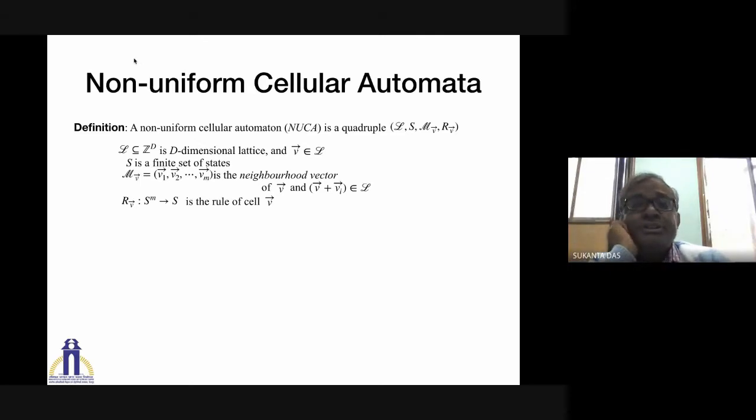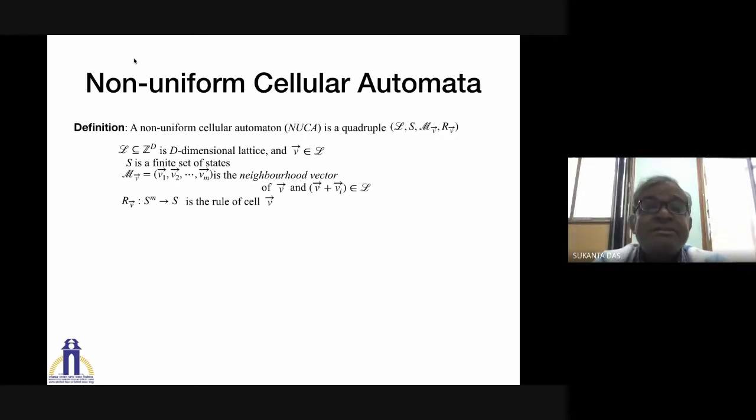This is the property of a non-uniform cellular automaton. So here M_v is, as usual, v1, v2, up to vm, a neighborhood vector of V, and R_v is a rule from S to the power m to S for the cell V.